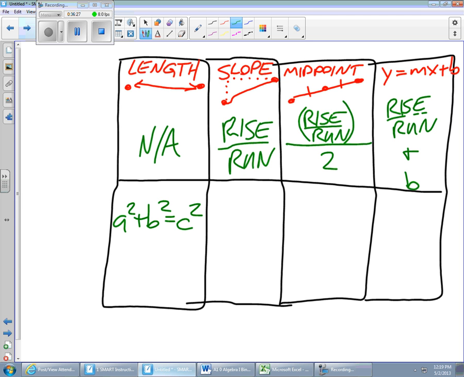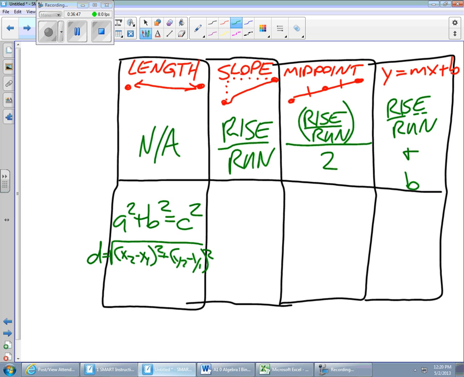Okay, there's another one for finding the length of a line, and that is your distance formula. That's that big nasty one that's on the formula chart. Some people don't mind it, some people do.